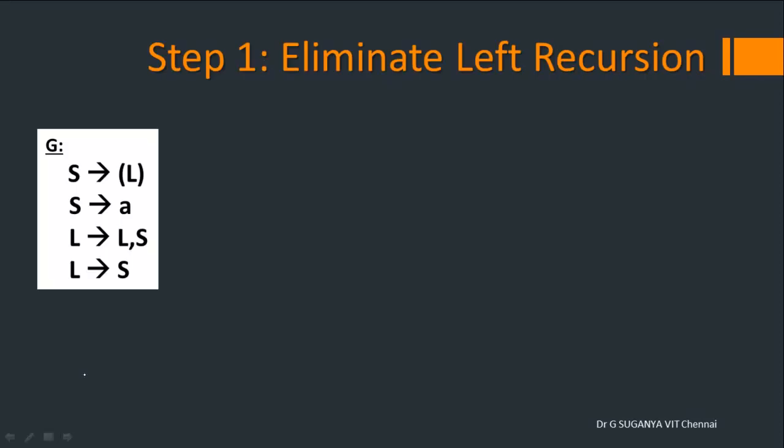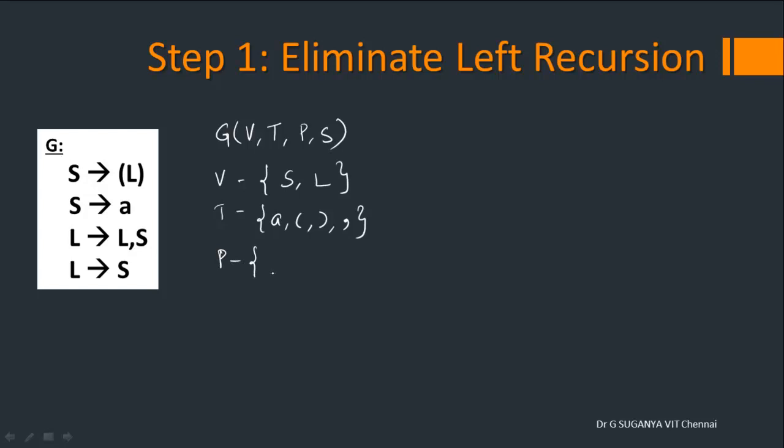Let's take this sample grammar having 4 productions and 2 non-terminals. Formally, any grammar has to be defined with non-terminals, terminals, productions, and then the start symbol. What is V here? We have 2 non-terminals, S and L, and the set of terminals being a, left bracket, right bracket, and comma. Four terminals are there.